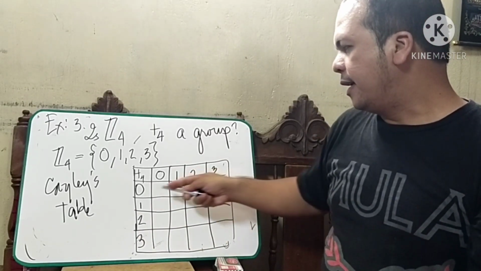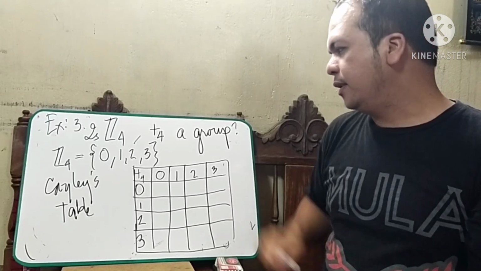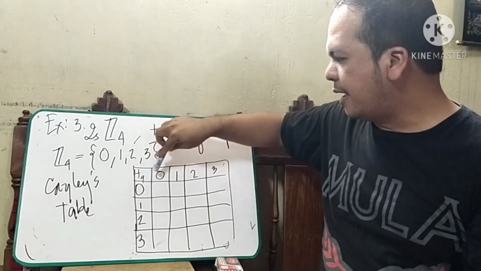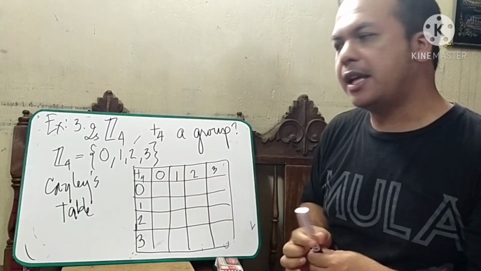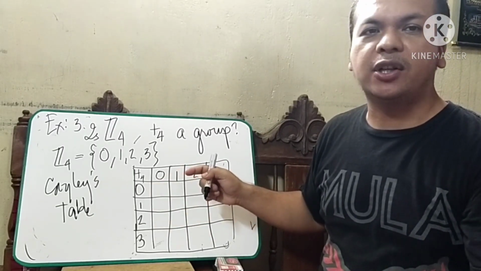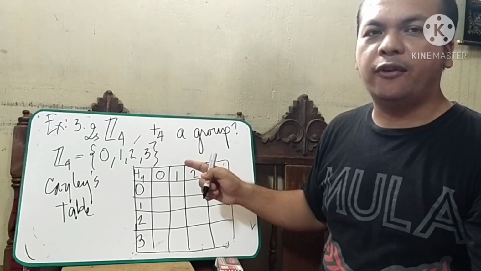Now, let us add this entry against this entry. So we have 0 plus 0 is, take note, the operation is addition modulo 4.